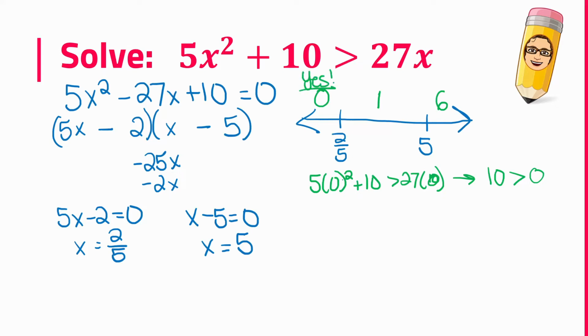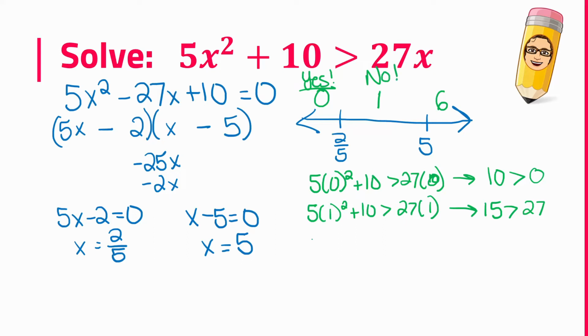Now let's plug in a 1. So 5 times 1 squared plus 10 is greater than 27 times 1. 1 squared is 1, times 5 is 5, plus 10 is 15, is greater than 27 times 1, which is 27. That's a no, right? 15 is not bigger than 27, so there's a no here.